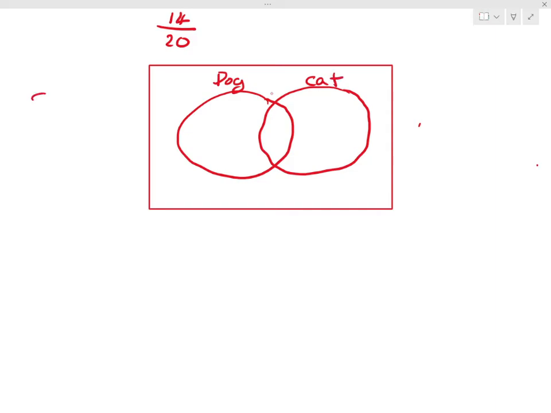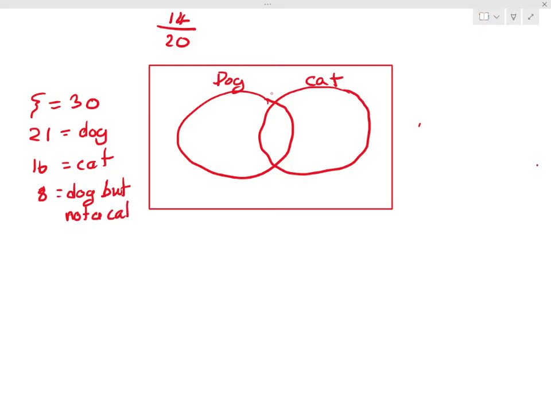All the people we ask is 30, and 21 have a dog, 16 have a cat, and 8 have a dog but not a cat. Okay, so how do we fill this in?